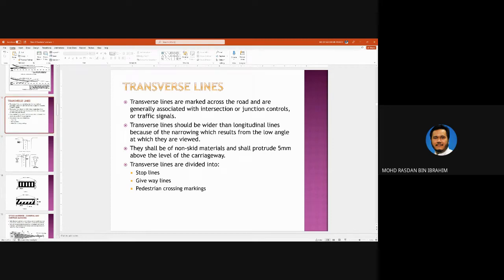So they shall be of non-skid materials and protrude 5 millimeters above the level of the carriageway. Normally, the usual height is 5 mm. Transverse bar is also a type of transverse line. Transverse lines are divided into stop lines, give way, and pedestrian crossings.